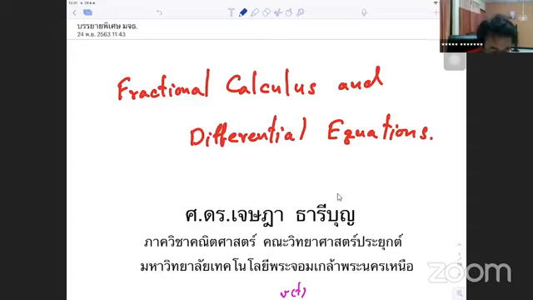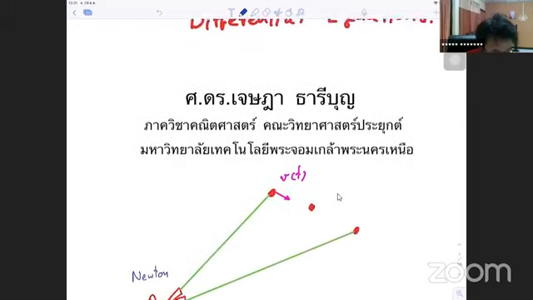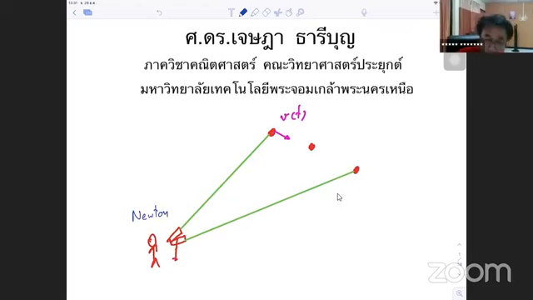I would like to go to the past to see Newton. Newton saw the object in the space, and he saw the object move from one place to another place, but he could not see the object all the time.